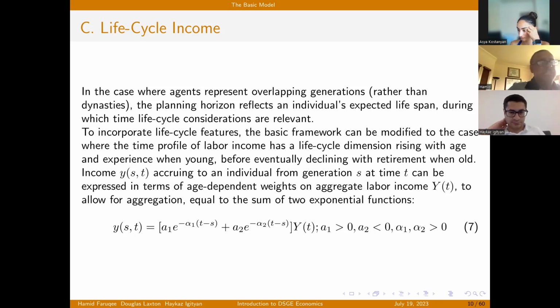What we've done to keep things tractable is just make it an additive function of 2 exponentials where the coefficients A1 and A2 have opposite sign. That'll help give us this hump-shaped profile for individual labor income in the case where we're thinking about the life cycle version of the model. Okay, next slide, please.